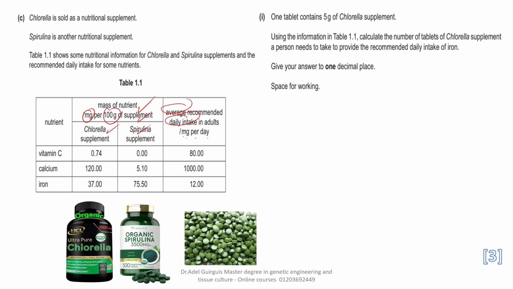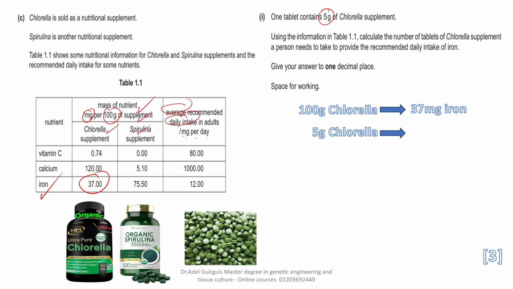Here, iron is 37 milligram per 100 gram of supplement. Each 100 gram of Chlorella provides 37 milligram iron, but each tablet, with 5 gram as mass, provides how many milligram of iron? It provides x milligram of iron.